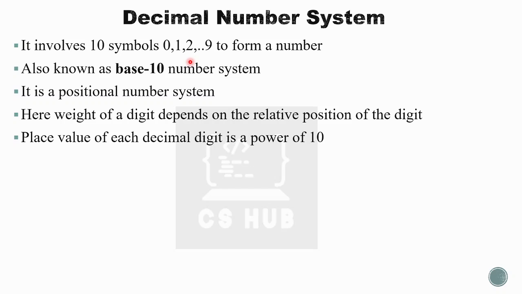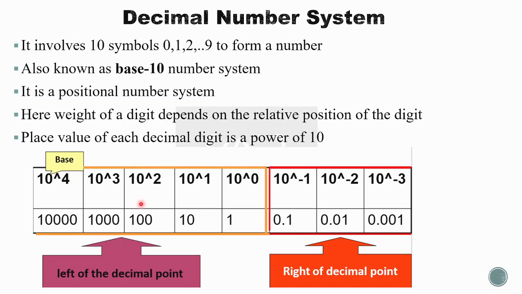Then the place value, which is also known as the weight. The place value of each decimal digit is a power of 10. So if we take a number, each digit's place value will be a power of 10. Let's look at that. This shows the place value, and I can write a number here, 5, 8, 4, 7, 0.